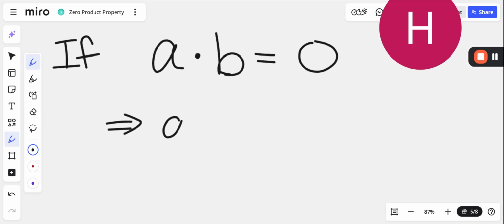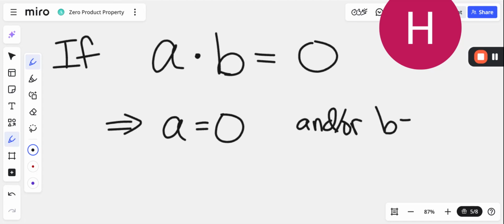then A equals 0 and/or B equals 0. Now, what do I mean by and/or? I guess I won't really put and/or.